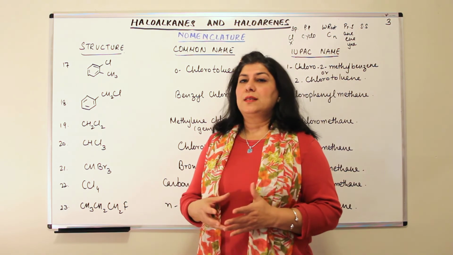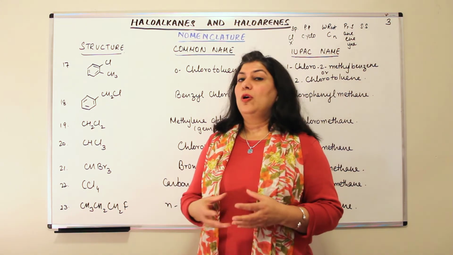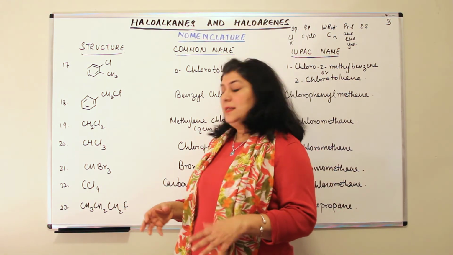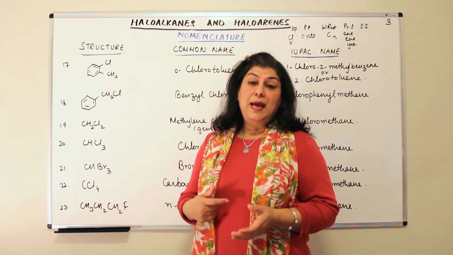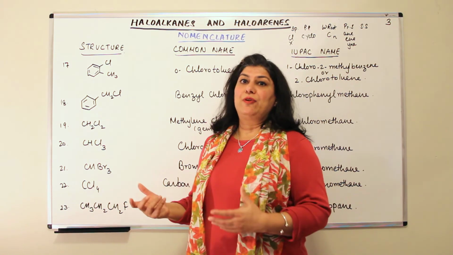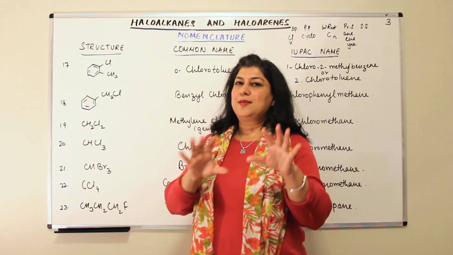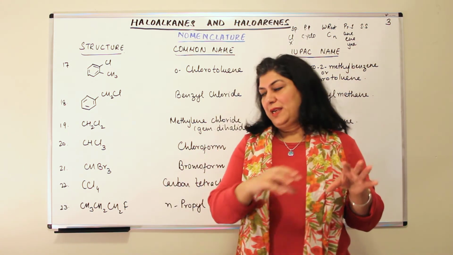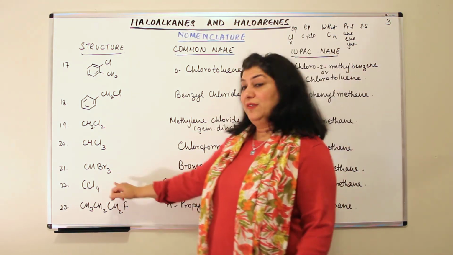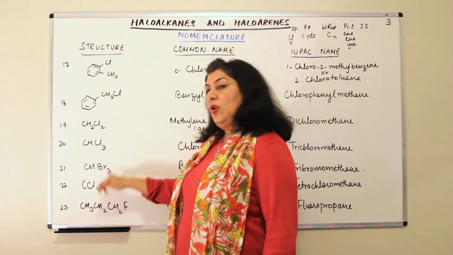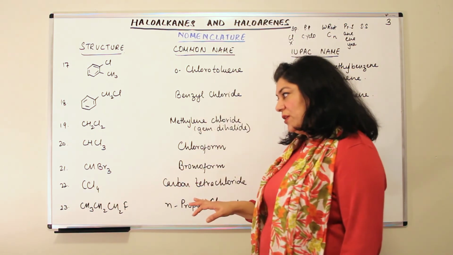So some scientists believe that CCl4 does not belong to organic compounds, yet it can be derived from them, and organic compounds can be derived from CCl4. Therefore, it very much is an important part of organic chemistry, and therefore we study this and we name it also. In common nomenclature, this is known as carbon tetrachloride.